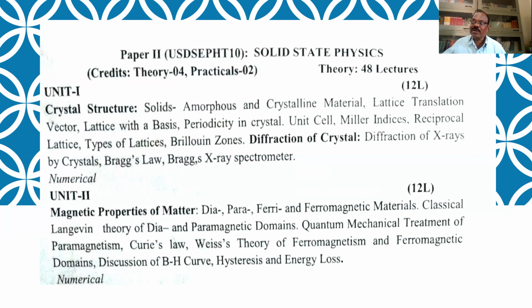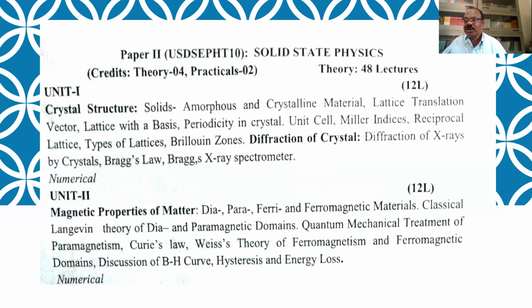That diffracted ray is collected in an ionization chamber, and to this ionization chamber there is a connection of a galvanometer, which gives the current. If you plot a graph between the diffraction angle and the intensity of the current, you get the crystal structure of any solid material.